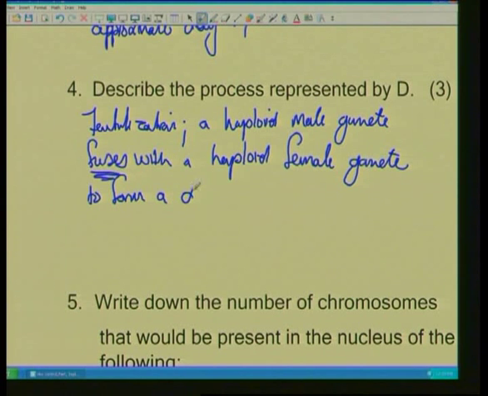Come on, people. A diploid zygote. Now remember, your zygote will develop into an embryo. The embryo will develop into a fetus, and the fetus will eventually be the baby that is pushed out at birth.